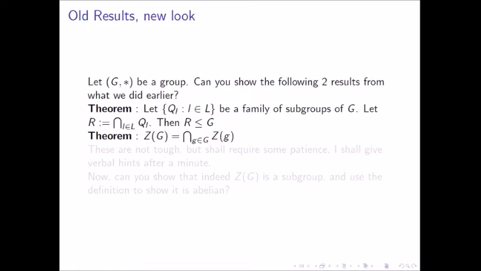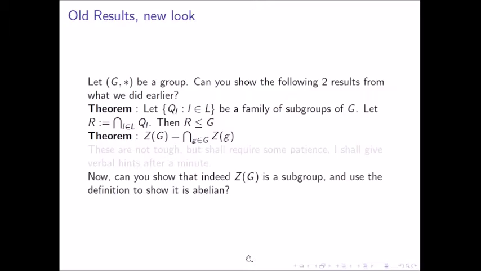Now, once we have proven this, can you show that Z(G), the center, is basically the intersection of all centralizers? This isn't hard to show, as one inclusion is obvious. Think of the other inclusion. So if you can show these two facts, use these two together to get that Z(G) is indeed a subgroup.